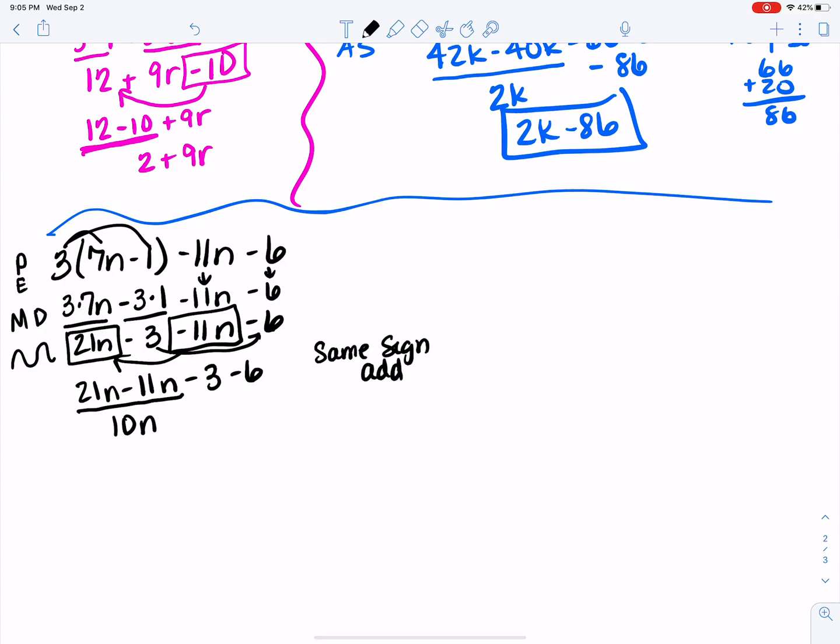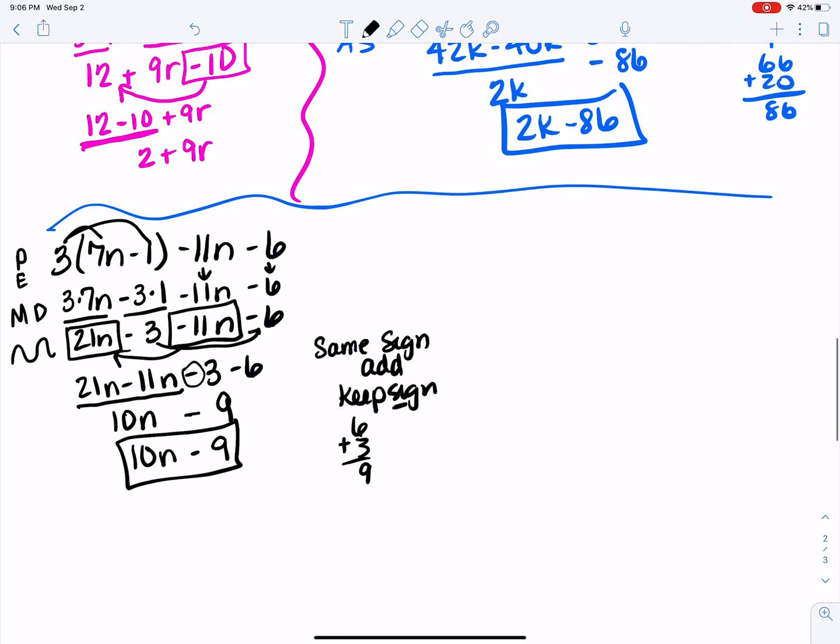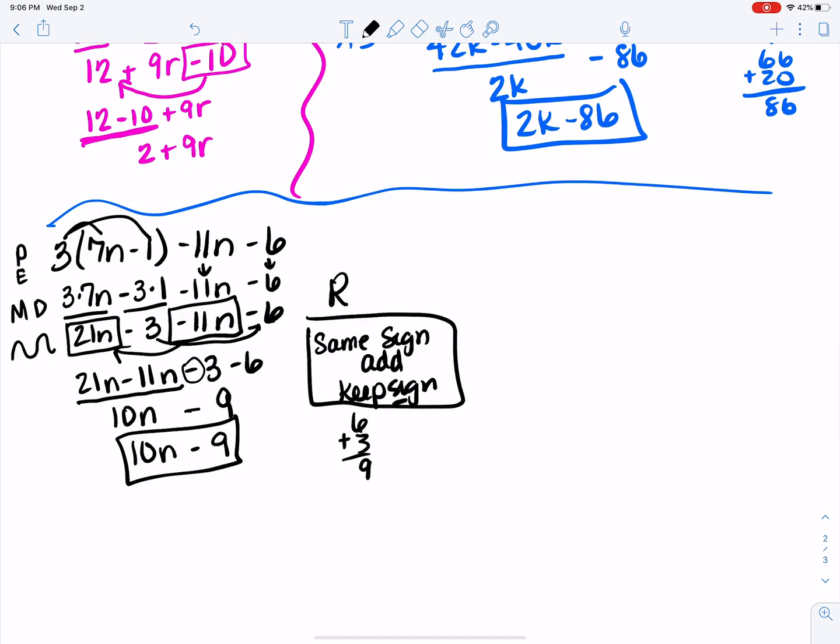Add, keep sign. So 6 plus 3 is 9. So my answer is 9, and the sign is negative. So the answer is 10n minus 9. This is just a rule. You'll learn more and we'll practice more, but I want you to see it.